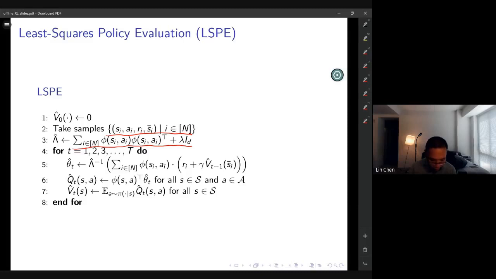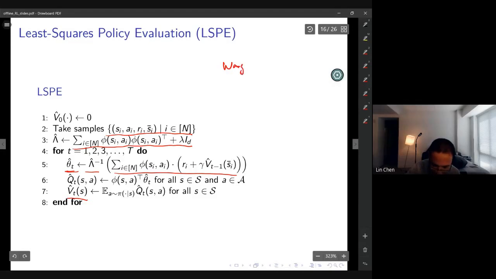In each iteration, we compute the estimation for theta hat, which is lambda hat inverse times this quantity. And then we have the estimation for Q hat of S, A, and the estimation for V hat. The techniques of this upper bound are very similar to the et al. paper that I just mentioned.